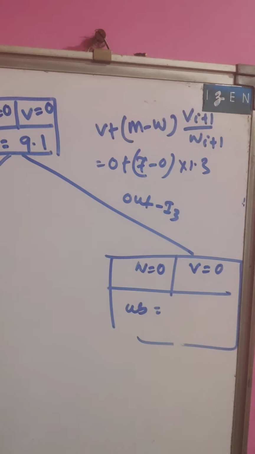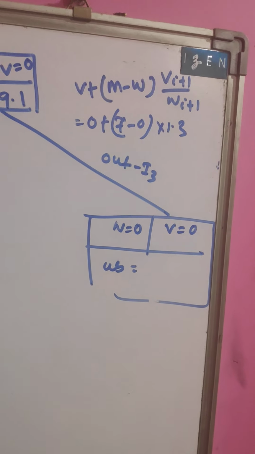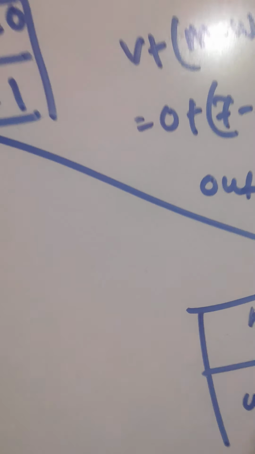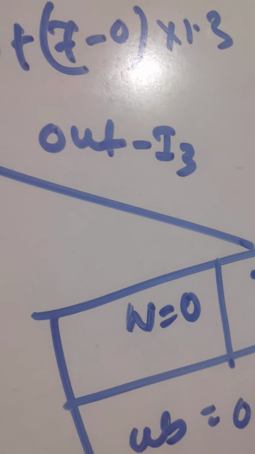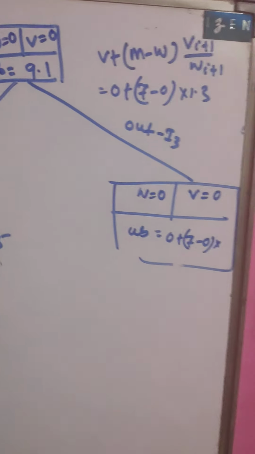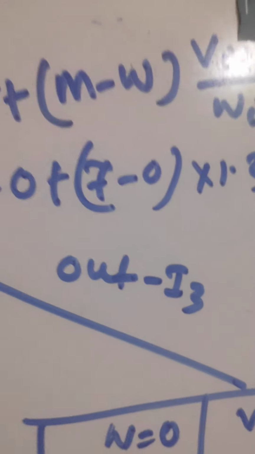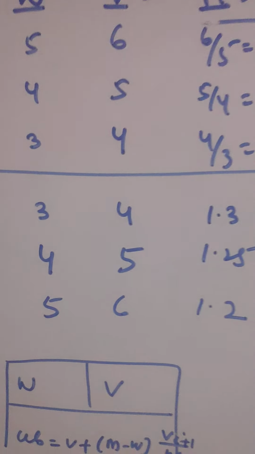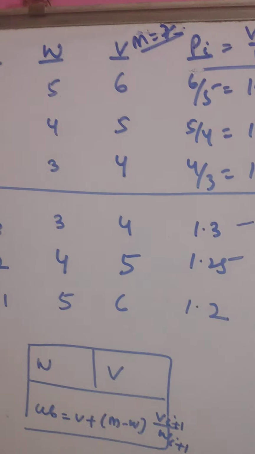That is V plus M minus W. W was 0, so it is 0 plus 7 minus 0 into, since we are excluding I3, the first item, that means you have to consider second item, so it is 1.25.